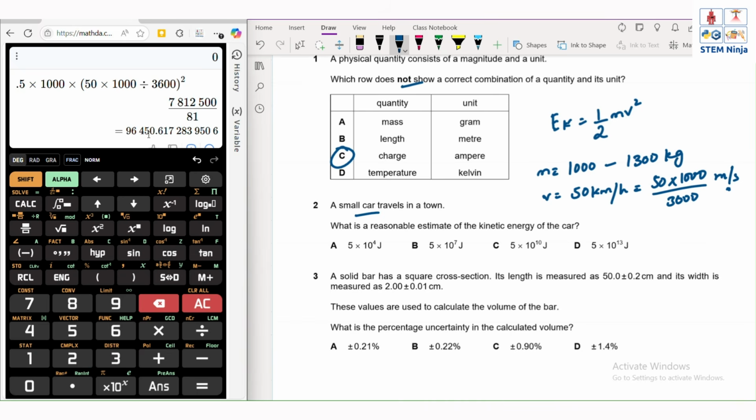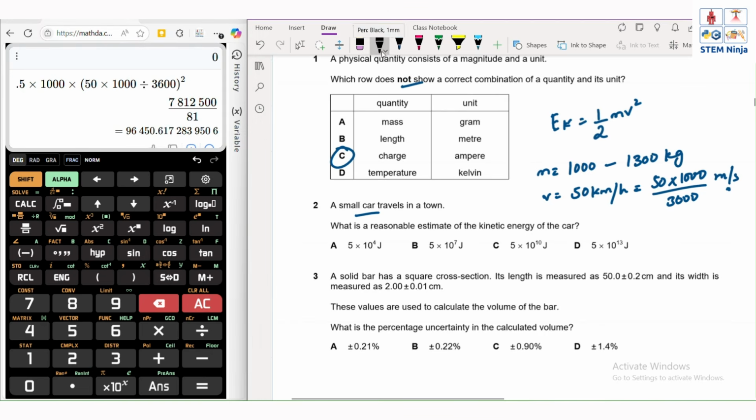Around 100,000. So the order of magnitude over here is this one. All of the others are greater than this. So the reasonable estimate would suggest that this is the order of magnitude over here.